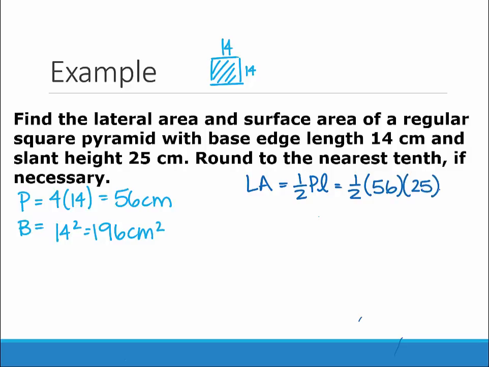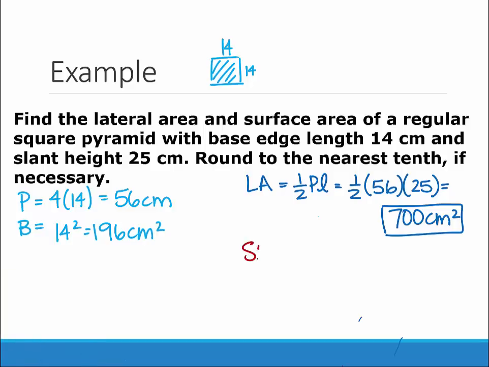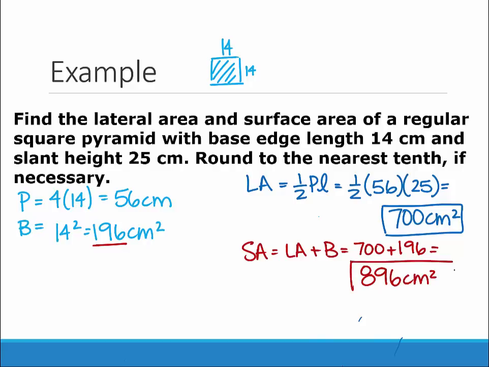If you plug 1/2 times 56 times 25 into your calculator, you get a nice even 700 centimeters squared. And now the last thing we got to find is the surface area. Remember, the surface area is your lateral area plus the area of your base. So 700 plus 196 gives me 896 centimeters squared.